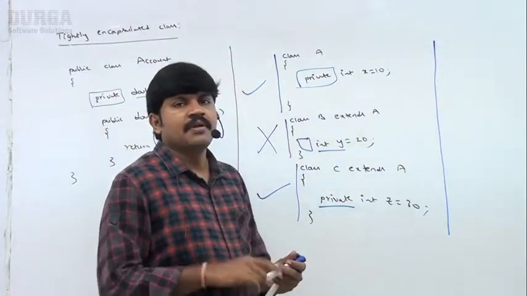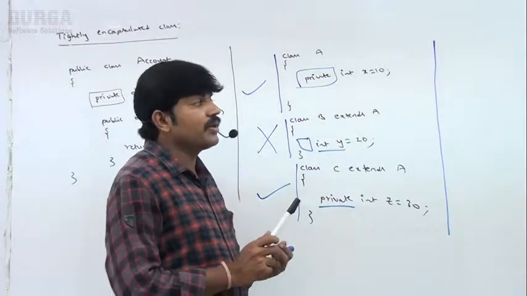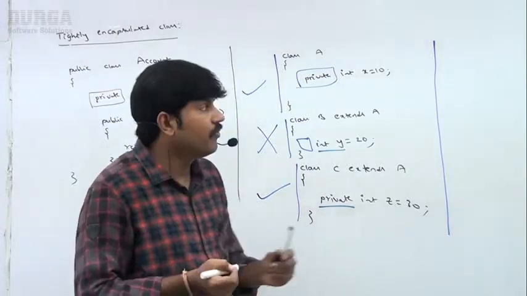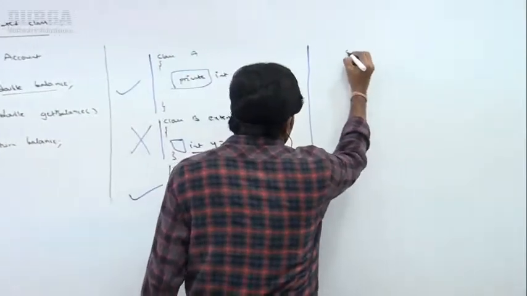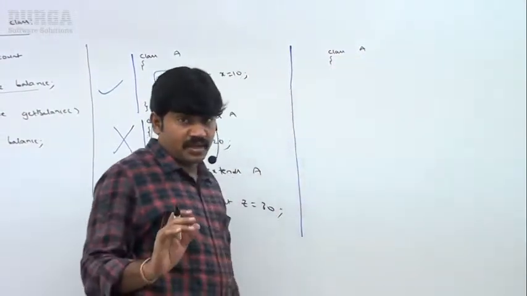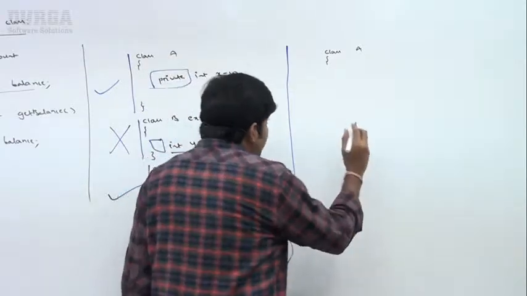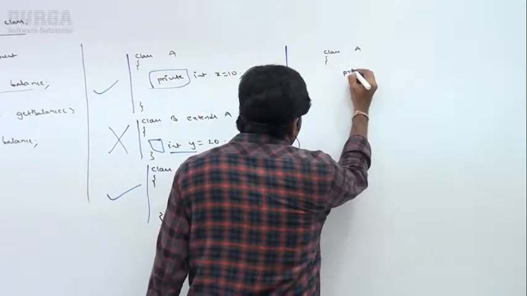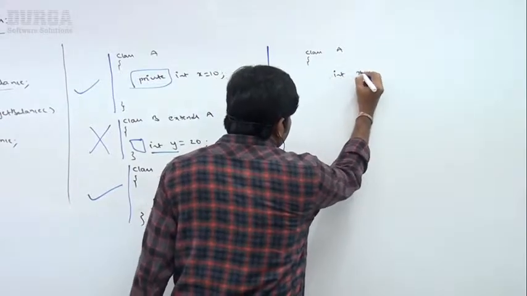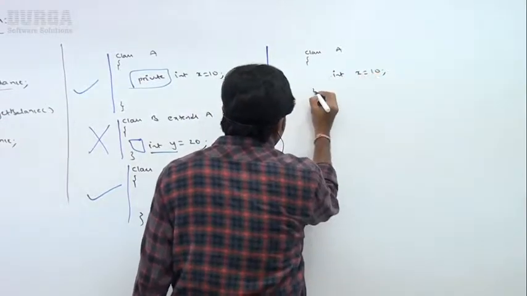Okay, well, sir. Now I'm ready to go for one more example. Even you may get some conclusion also. Observe class A. Inside class A, I'm taking int x is equal to 10.